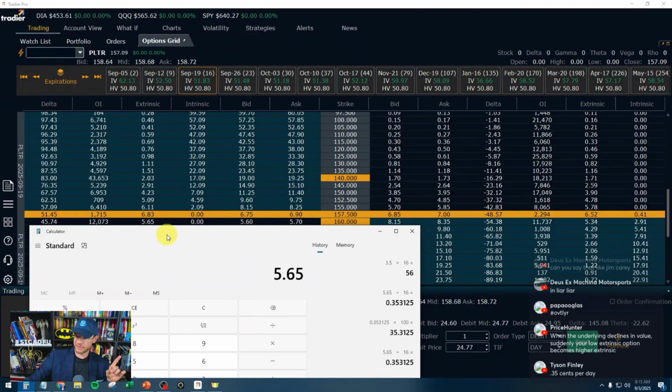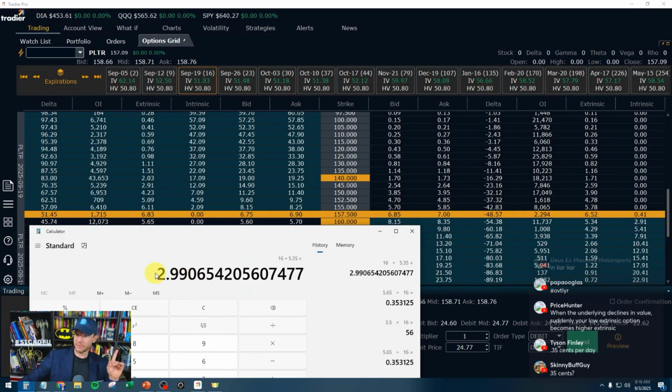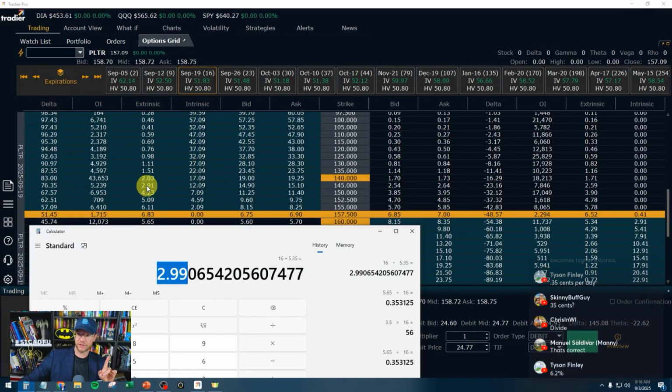$5.65 divided by 16 days. Oh, maybe I'm doing it backwards. 16 divided by 5.35. There we go. Sorry, my bad. 2.99% of this. So 3% will decay per day, every day, until the 565 is gone. Whereas if we go to this one here, 2.91, 16 divided by 2.91 equals 5%.